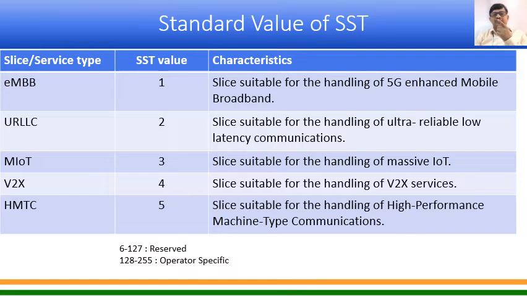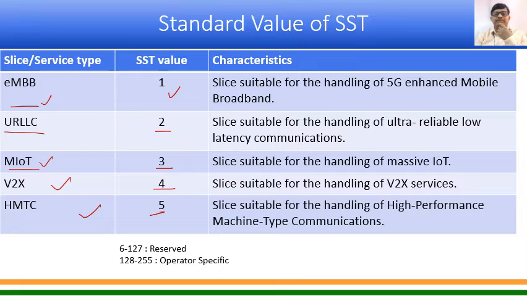This table gives the standard values of SST of the network slice. SST value 1 means it is an eMBB slice. SST value 2 is for URLLC. SST value 3 is massive IoT, 4 is for V2X, and 5 is for HMTC.